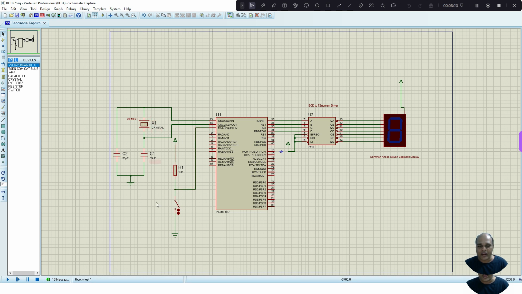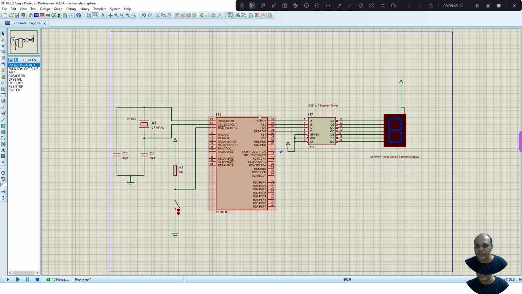There is also a reset circuit here, which is connected to the MCLR pin, which is an active low pin. So whenever I close the switch, a logic 0 will be applied to this pin, thereby the microcontroller will go to reset state. If I release this, a logic 1 at 5 volts will be given, so the reset operation will not be performed.